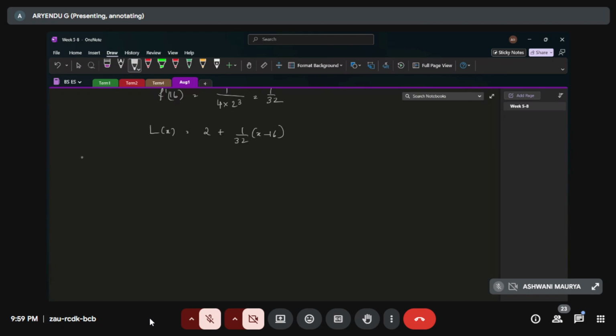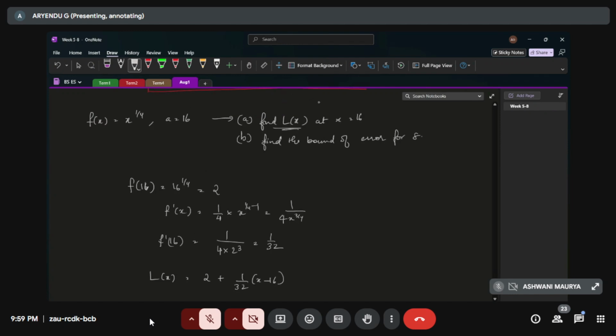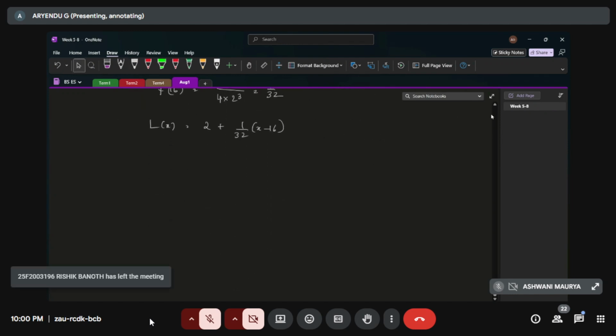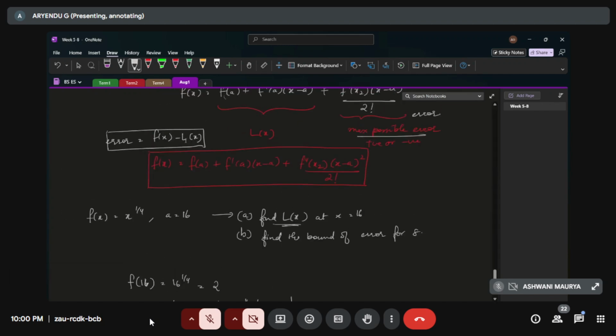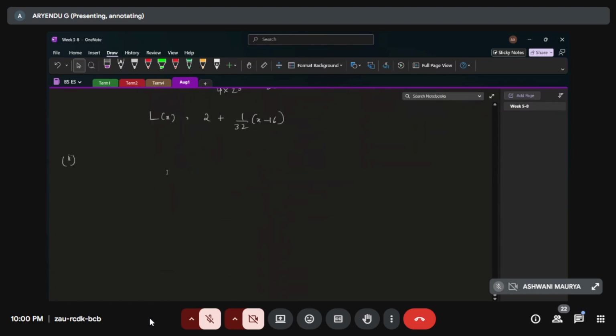And coming to the second part of the question, the bound of the error. If we take the bound of the error, we have to understand from this equation that f of x minus L of x is equal to the error. As I said, we are taking the absolute values.